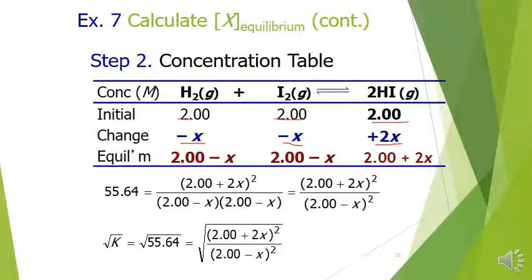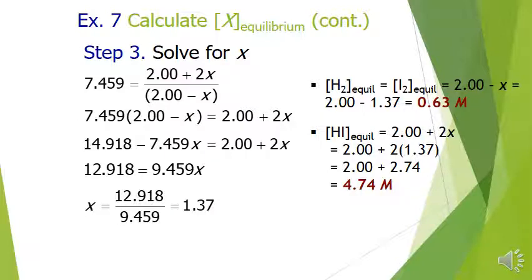I plug them into our equilibrium expression that we had on the previous slides. And so notice we have squared here. So if we take the square root of the equilibrium constant, we'll end up getting this here. And let's continue.